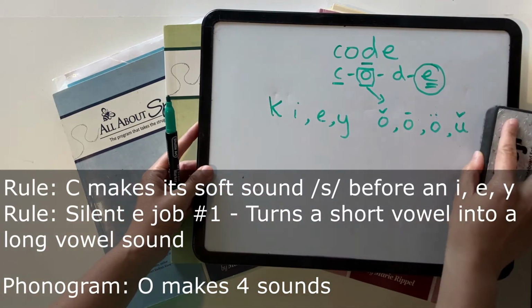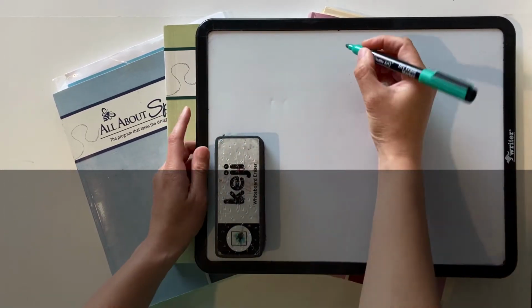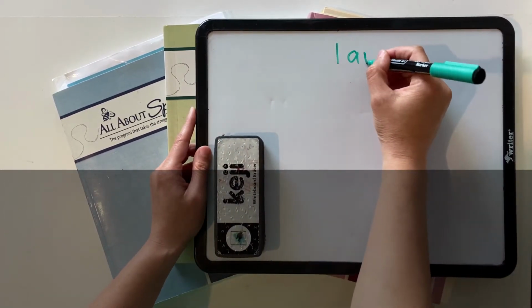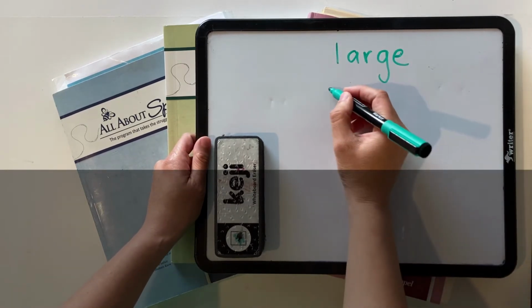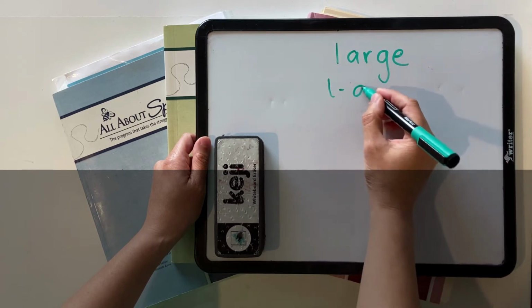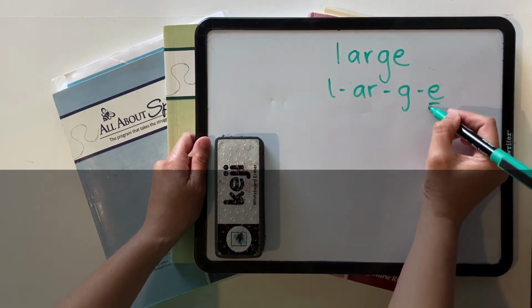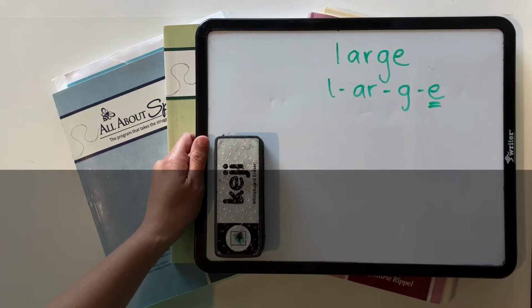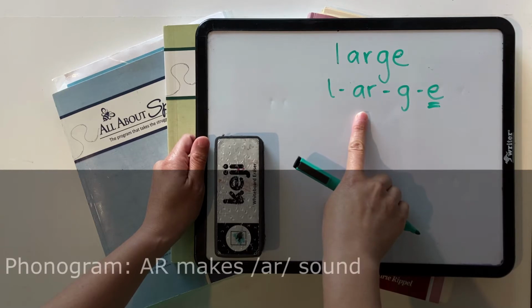Let me give you a second example. Large. So we segment it first, L, A, J, with a silent E at the end. In this program, AR is taught as a phonogram, so when we segment the word, we keep them together. There are 2 letters making one sound, R. And what is the last sound?